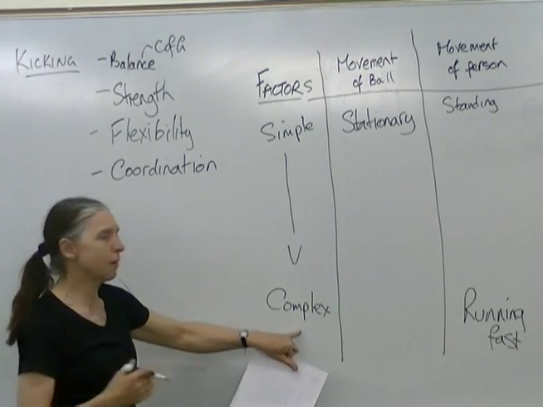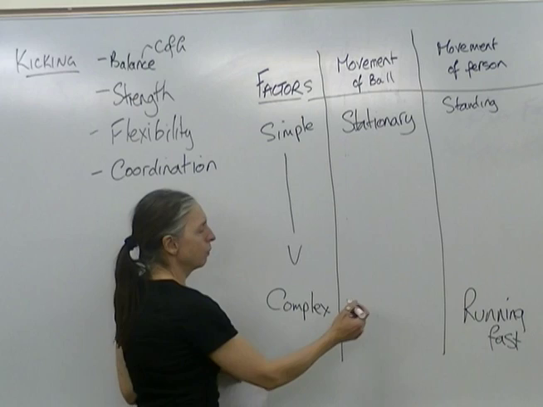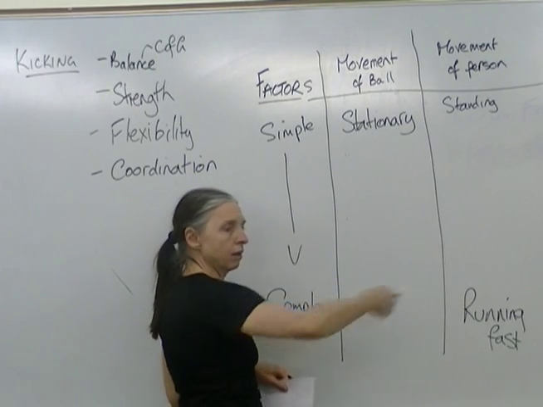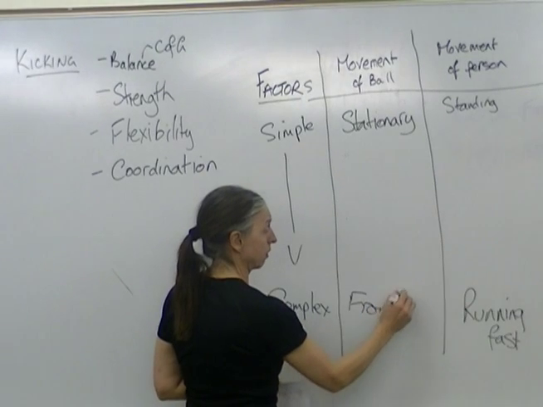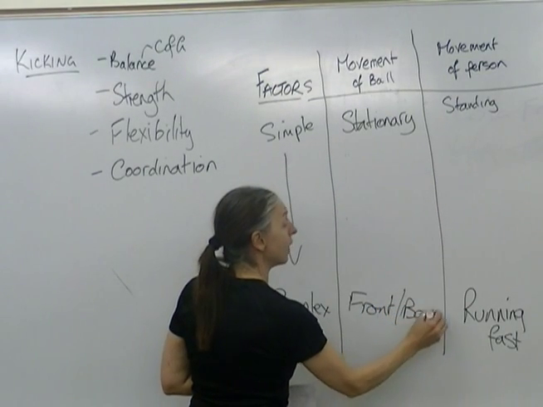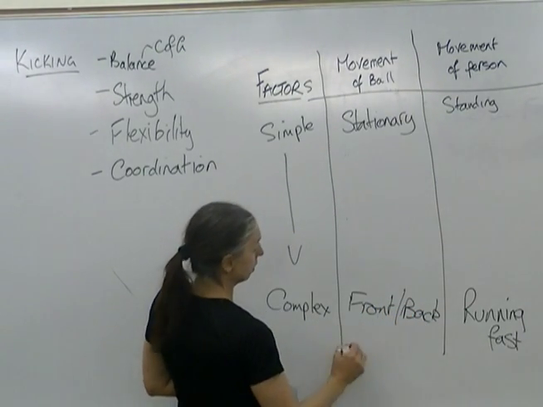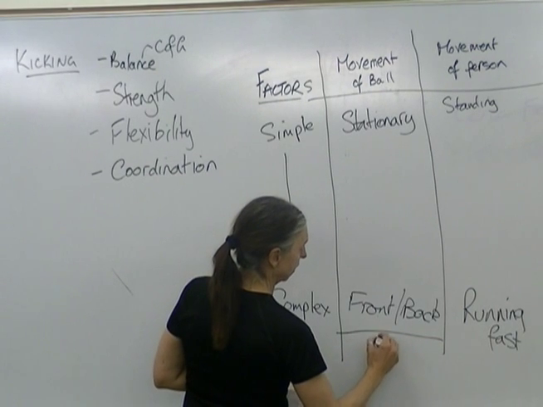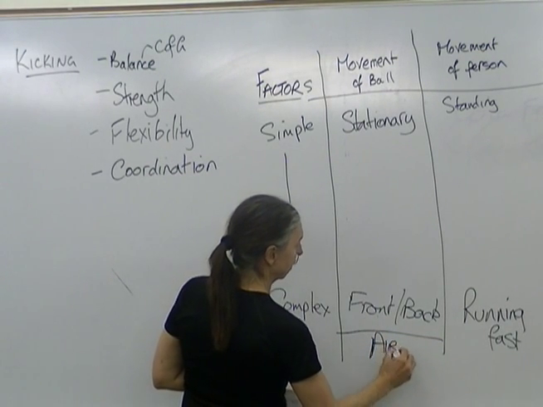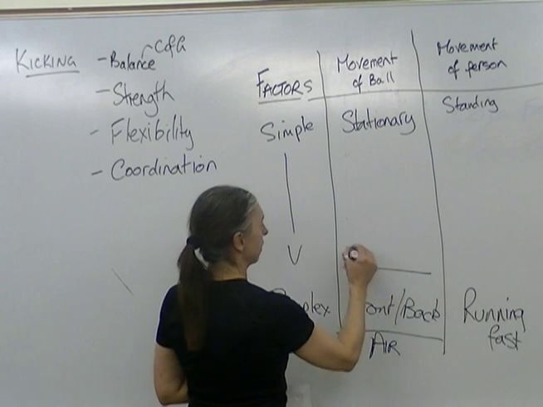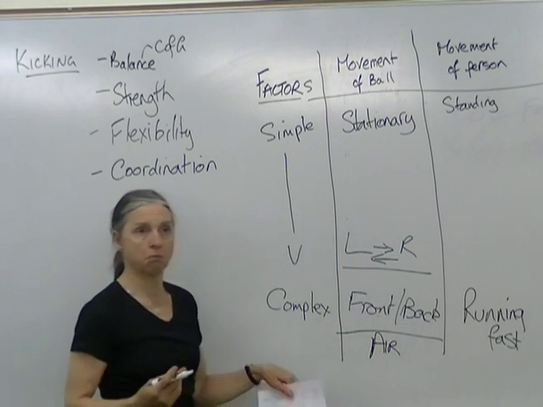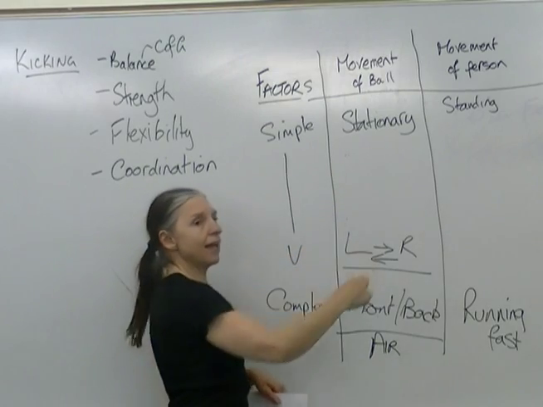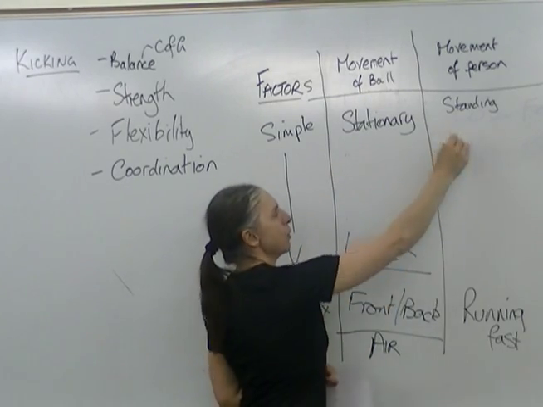So the most complex would be the ball moving, I'd say, towards from back, fast. Would it be like in the air as well? Oh yeah, that would be a good one. Left to right or right to left. Okay? So you get to come up with your continuum.